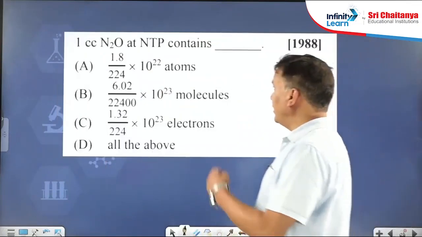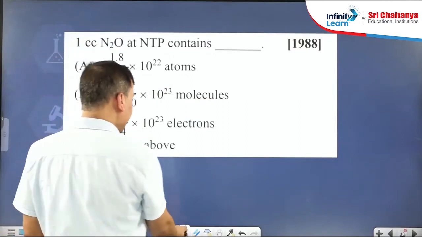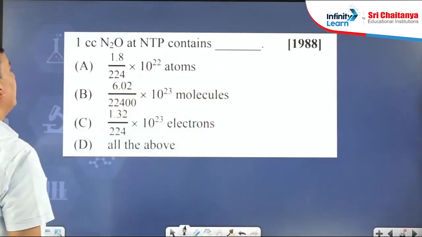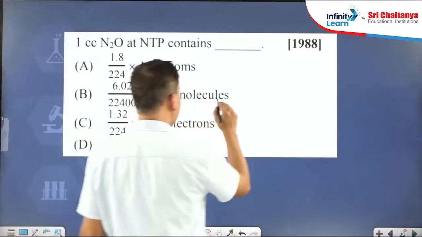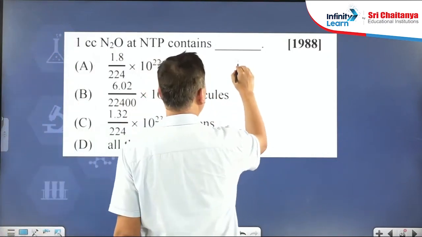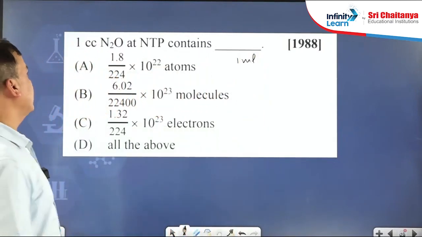Now I'm moving here. Here is 1 centimeter cube, which means 1 ml at NTP. This is also a very good question. Look here, how much do we have? We have 1 ml of nitrous oxide.